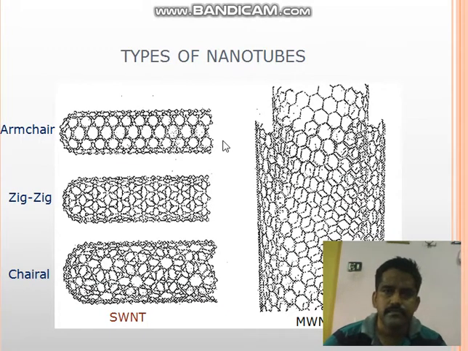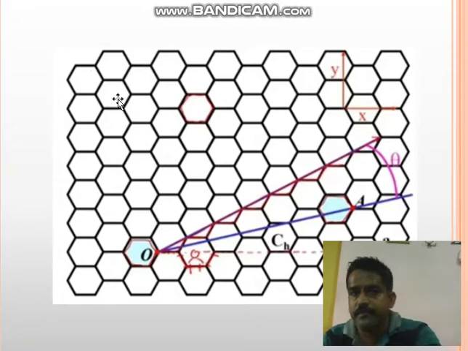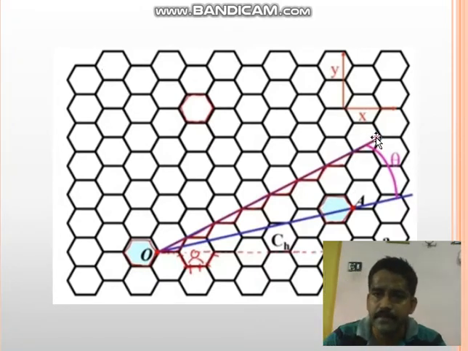Now, in this slide, see, when you reopen this paper, then we observe a sequence of hexagonal figures present in this paper.